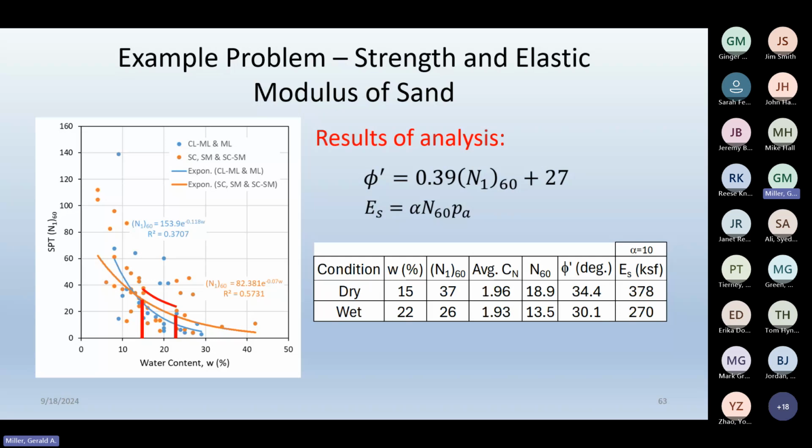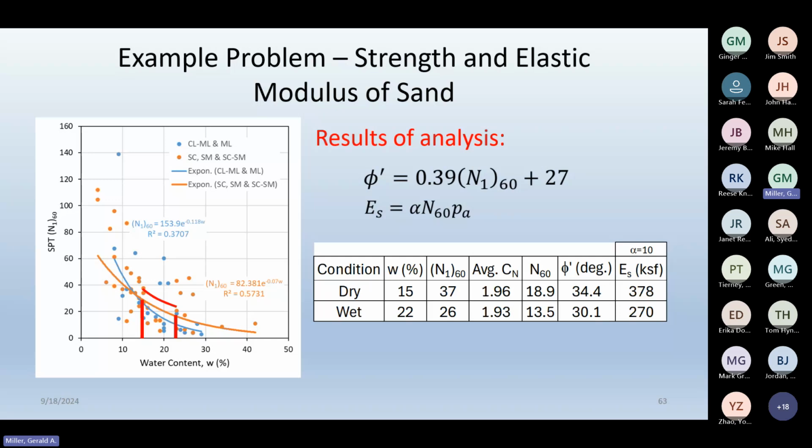My dry condition with N160, remember that's the average in my zone of interest for my footing analysis, gives me a friction angle of 34.4 degrees, whereas my wet condition gives me a friction angle of 30.1. And that's actually quite a difference.